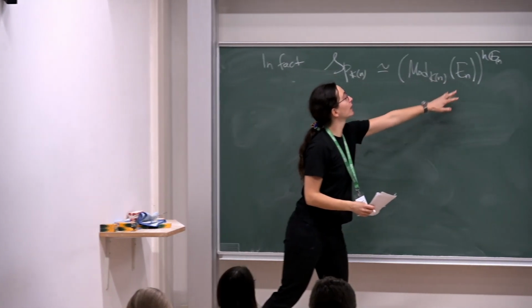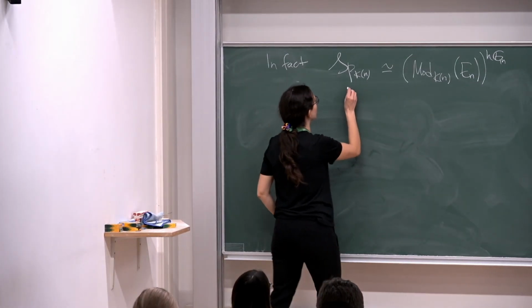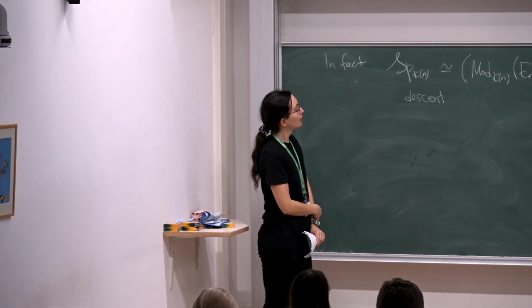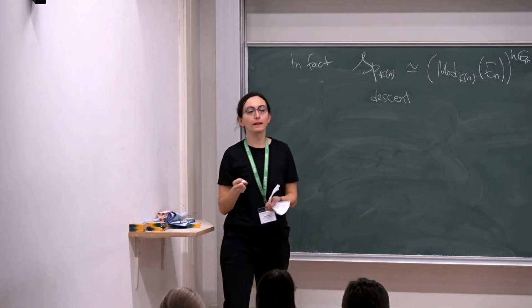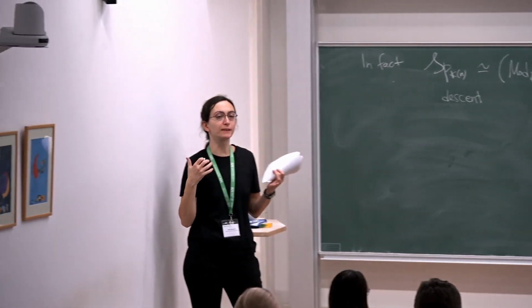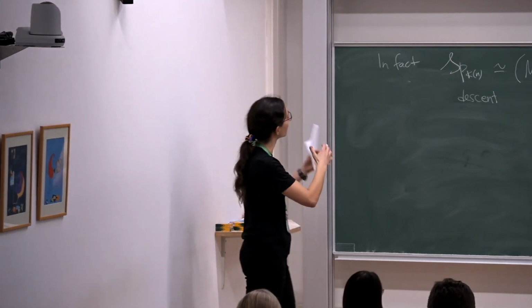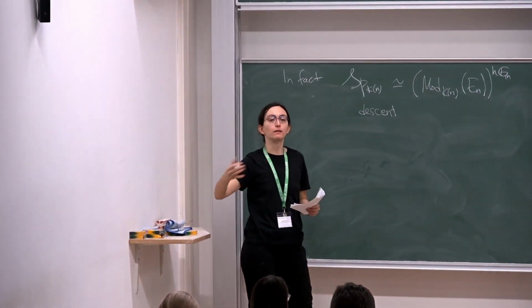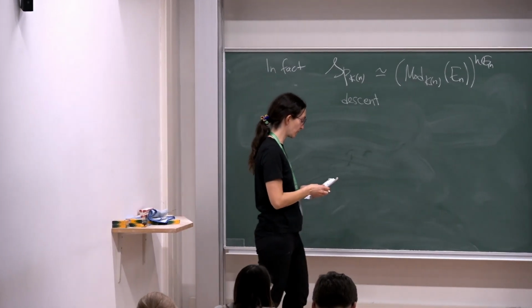So once we write something like this, say descent, the implications for what this means or the reasons why it's true are already present in the Devinatz-Hopkins paper, but working towards writing it in this particular way involves more recent work.